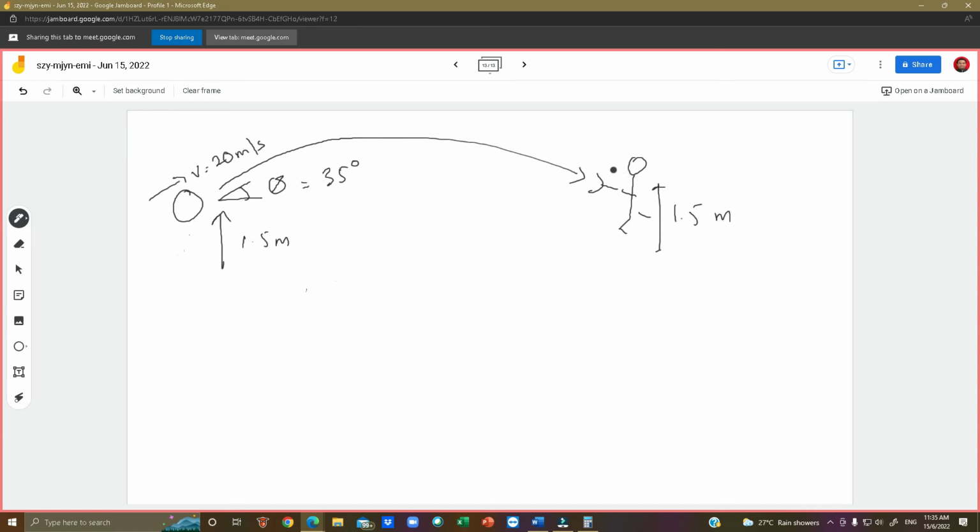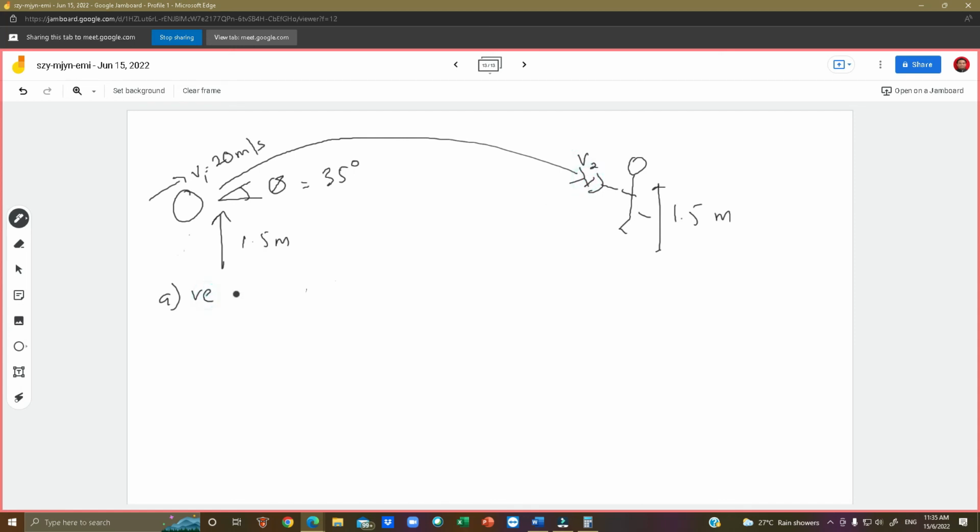Okay. The first question is, what is the velocity of the ball if the ball being caught at a height of 1.5 meter? Maksudnya dia nak cari ni. Ni kalau kita namakan V1, dia nak cari V2 at the point of contact.